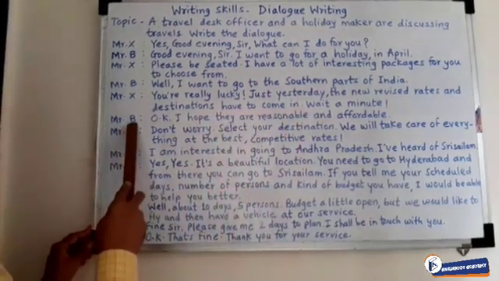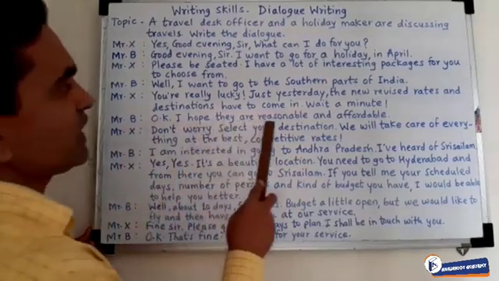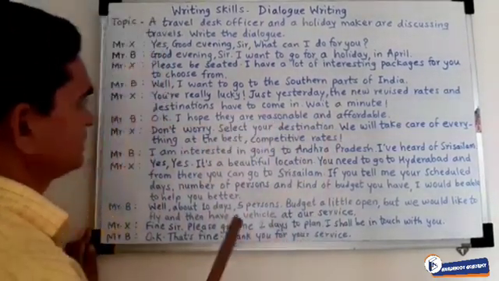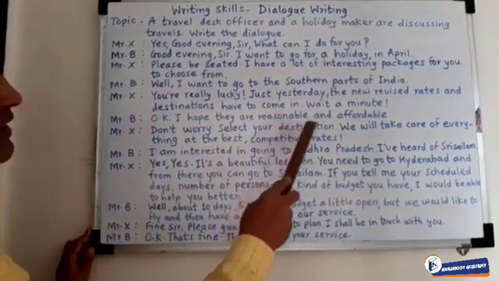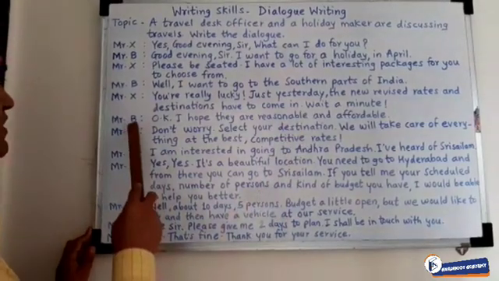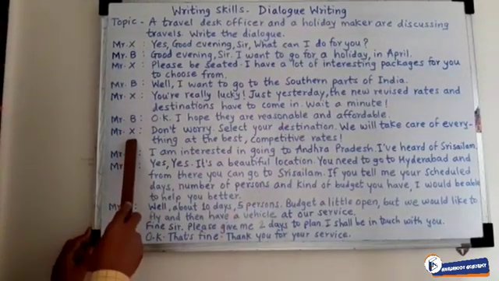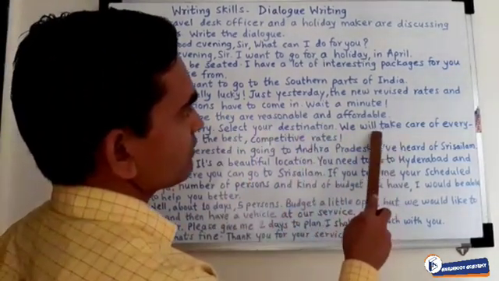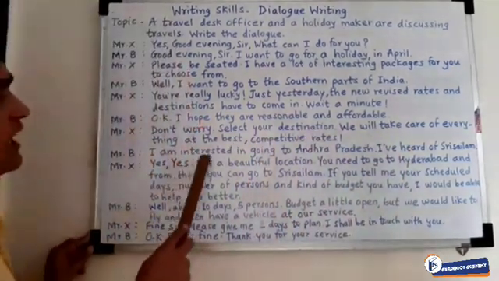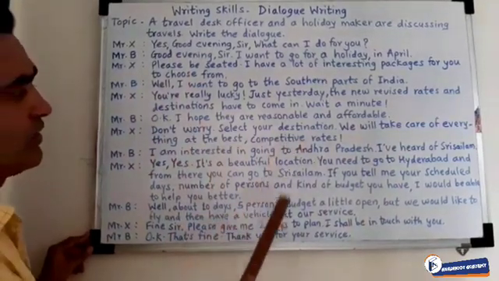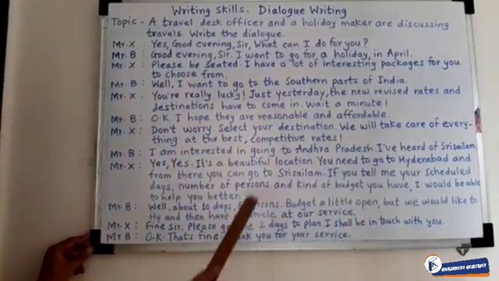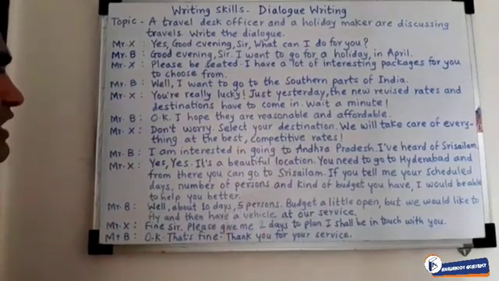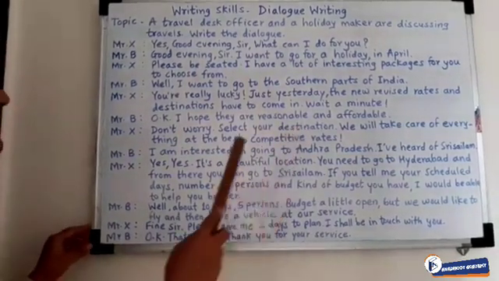Mr. B: "Okay, I hope they are reasonable and affordable." Mr. X: "Don't worry. Select your destination. We will take care of everything at the best competitive rates." So whatever the rates, we will reduce them for you. Just select your destination.